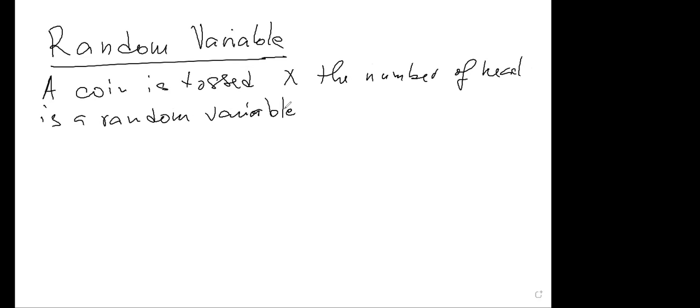The actual definition of a random variable is on the PowerPoint, so you can look at it. And X is equal to 0 or 1. We can toss a coin twice and still count the number of heads.